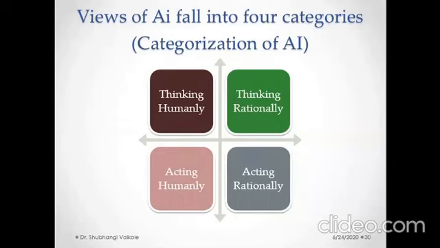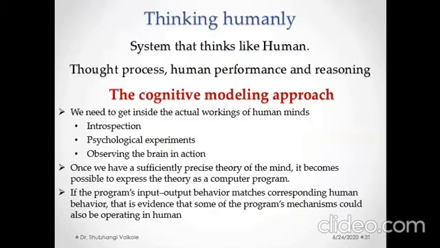Now we'll see the next category, that is the system that thinks like humans. Thought process, human performance, and reasoning. It contains the cognitive modeling approach.